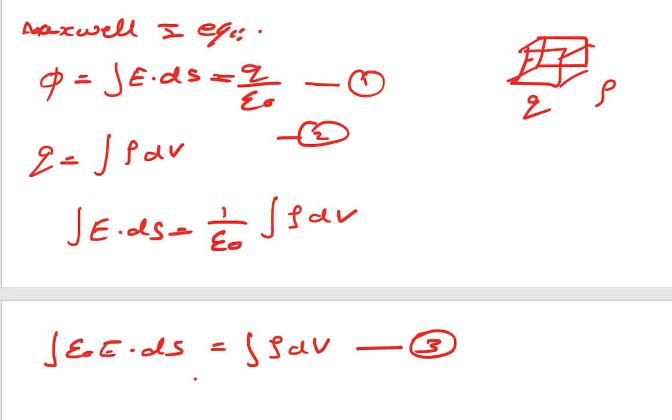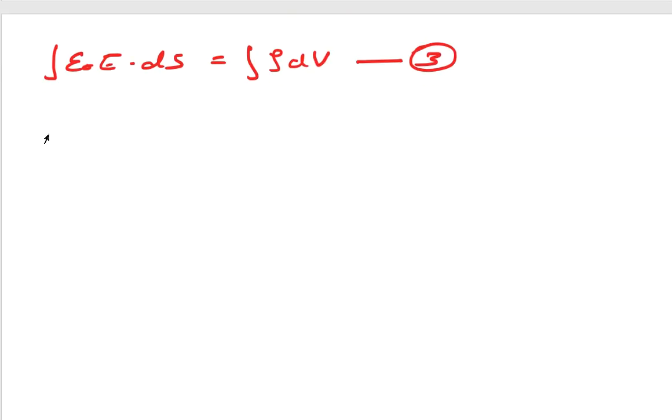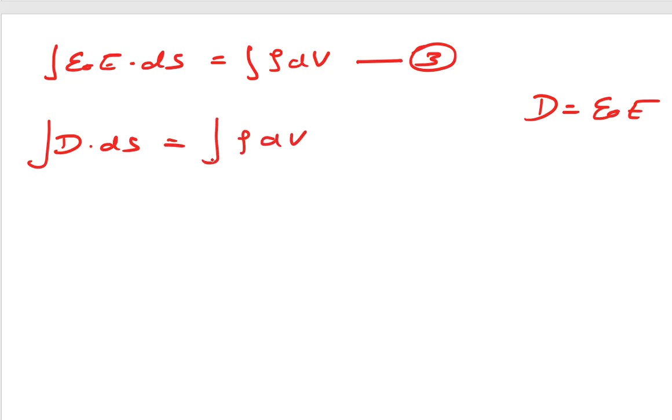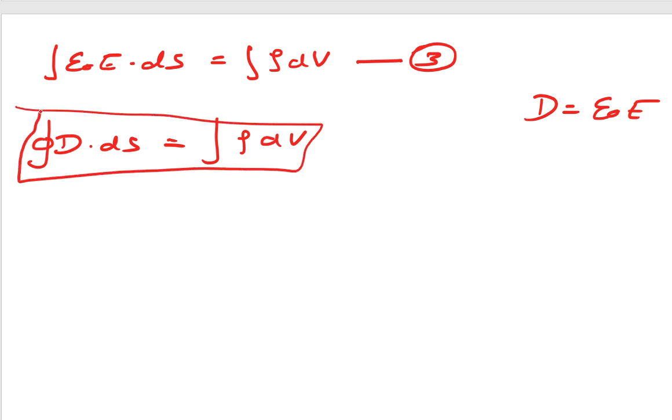Equation 3. Now the displacement vector D is epsilon naught E. Substitute here, so the integral of D dot ds equals the volume integral of rho dV. This is Maxwell's first equation in integral form.